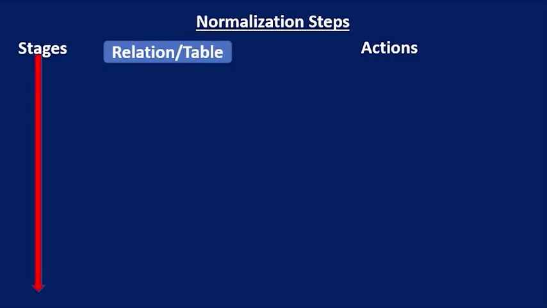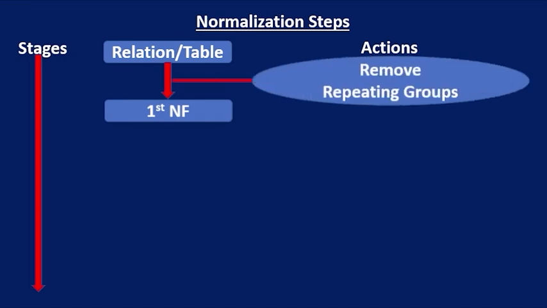In the graphic representation of normalization steps, whenever we want to move a relation into first normal form, actions required are remove repeating groups. Then we move to the second normal form.